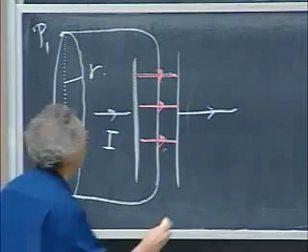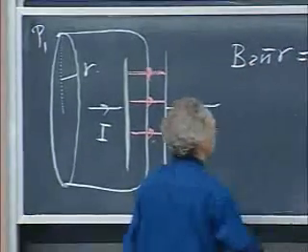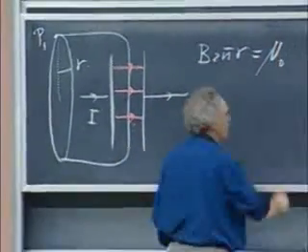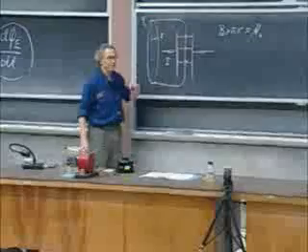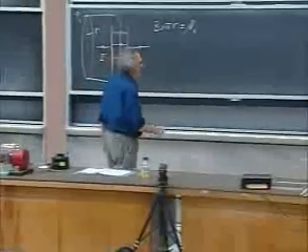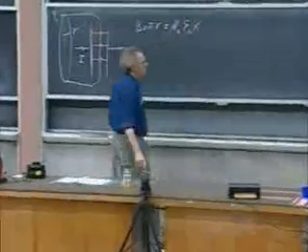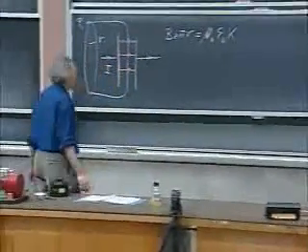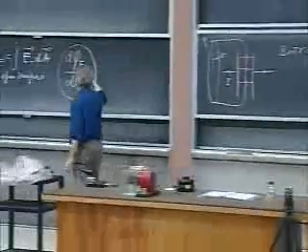And so I get B times 2 pi r equals mu 0 times I penetrating, which is 0. There is no current penetrating through this bag. This is open here. So the first part is 0. So I only deal with the second part, which is epsilon 0 kappa, the displacement current. And now I have to put in there d phi E dt.